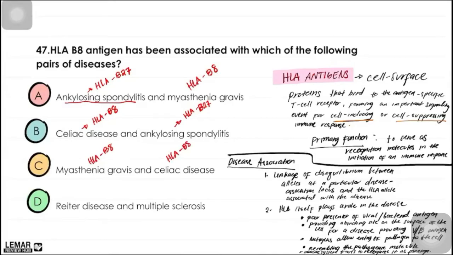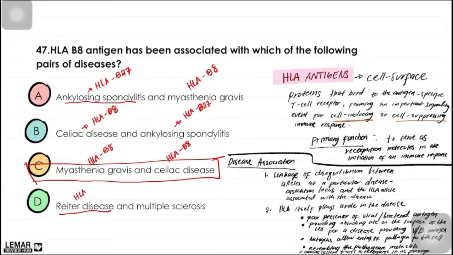HLA-B8 for both myasthenia gravis and celiac disease. So letter C is actually the correct answer. Reiter's disease or syndrome is associated with HLA-B27.